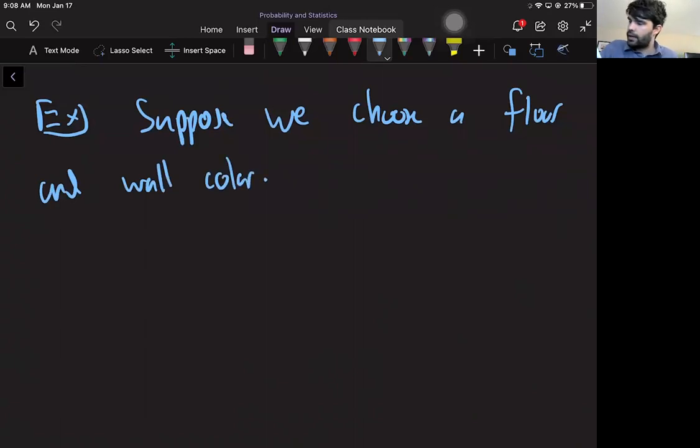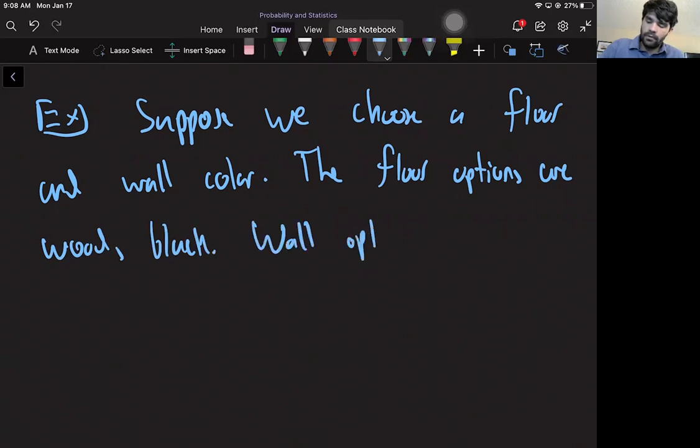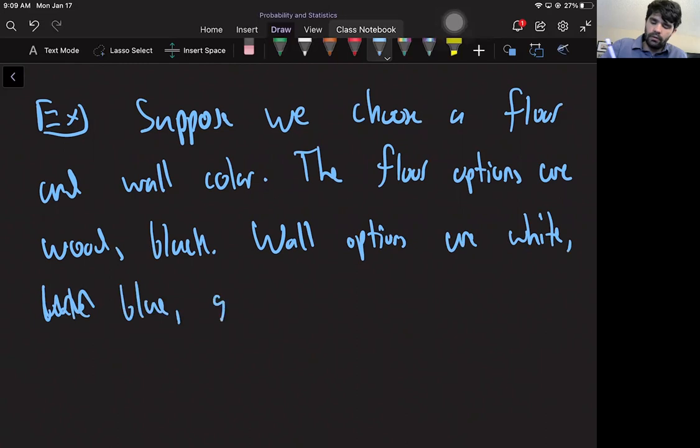So then the floor options are wood or black, and the wall options are white, blue, and green.